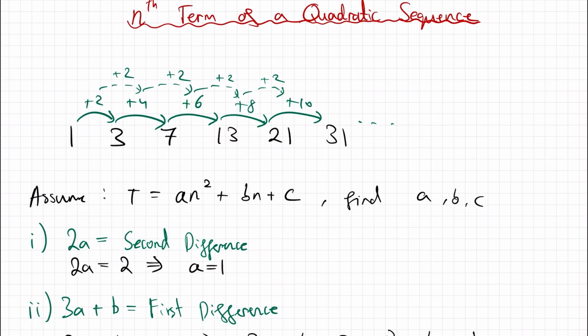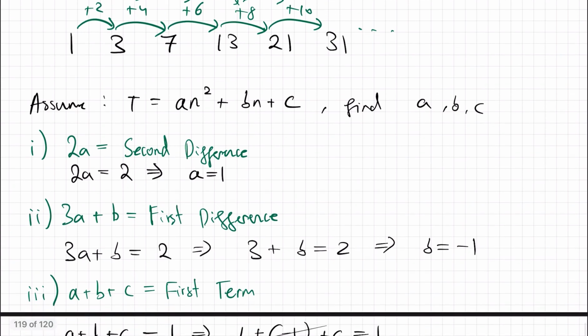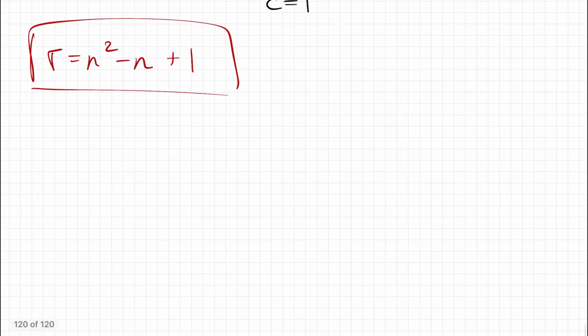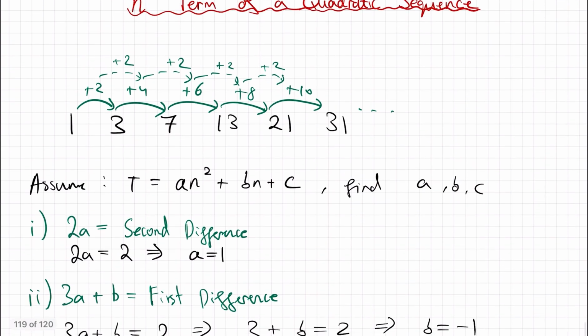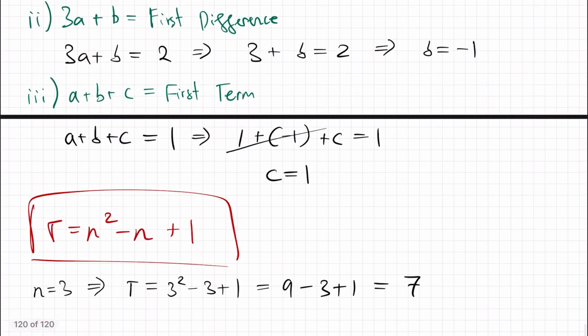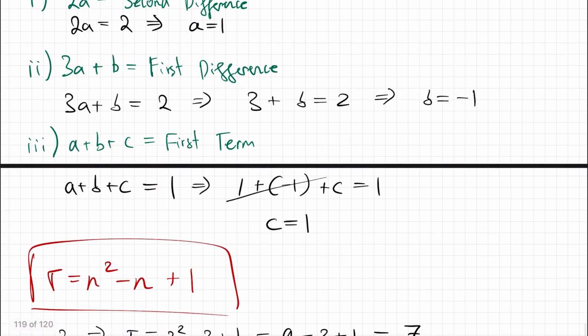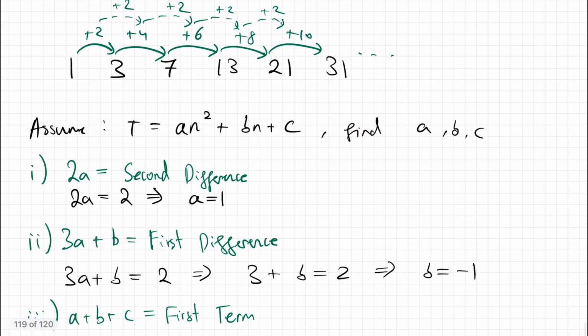Let's look at the third term, 7. So when n equals 3, we're going to get t equals 3 squared minus 3 plus 1, which is 9 minus 3 plus 1, which is 7. And you can see that is correct. So we've managed to formulate the correct nth term for this sequence.